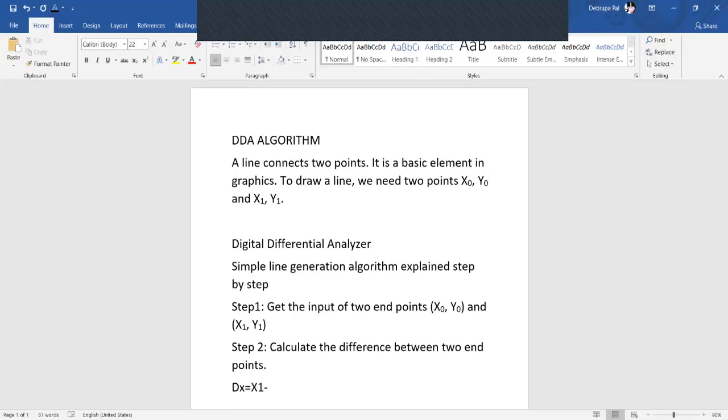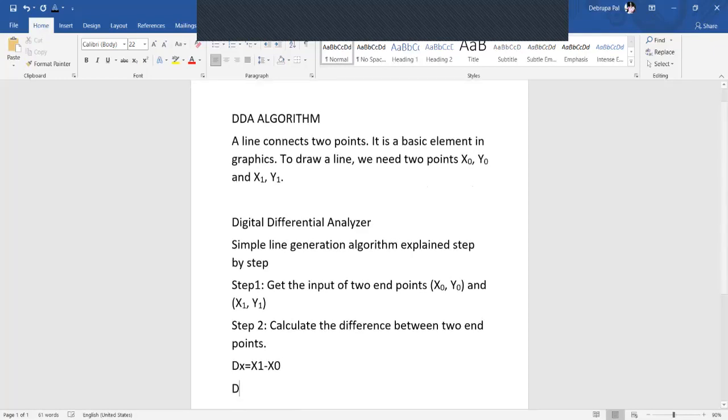The difference is represented as dx equals x1 minus x0, and similarly dy is calculated as y1 minus y0. Why is it dx and dy? dx stands for the difference in x coordinate and dy stands for the difference in y coordinate.